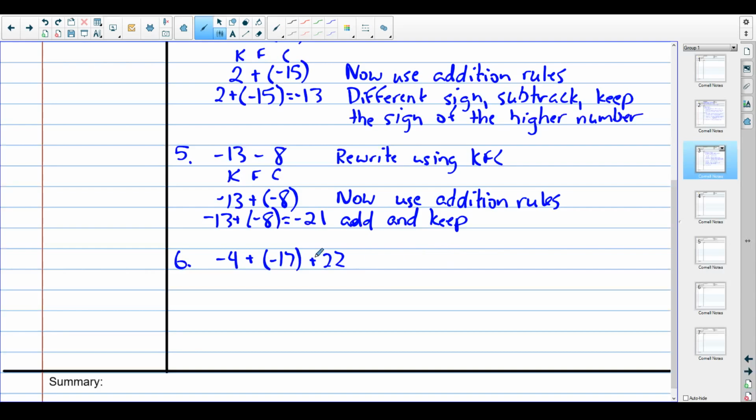Okay, so the only difference here with three numbers is we just have to break it into separate problems. So we're always going to go two numbers at a time. And then we're going to follow the rules.